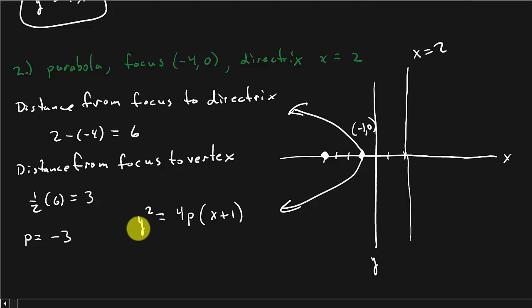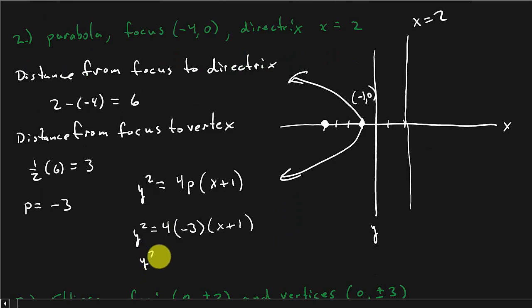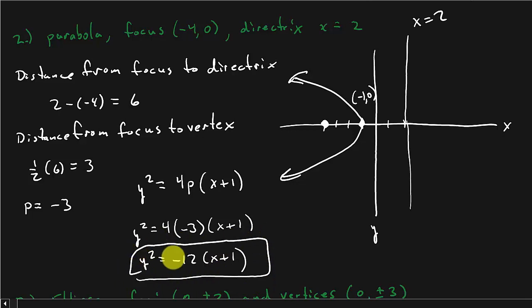And see, that's y squared. So we know the vertex is -1, 0. And so I get y squared is equal to 4 times P, which is -3, times X plus 1. And so that gives us y squared is -12 times X plus 1. And there's the equation of your parabola.